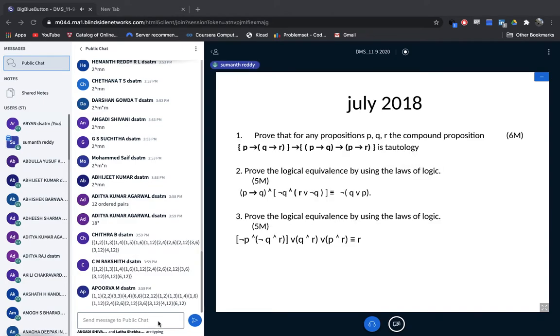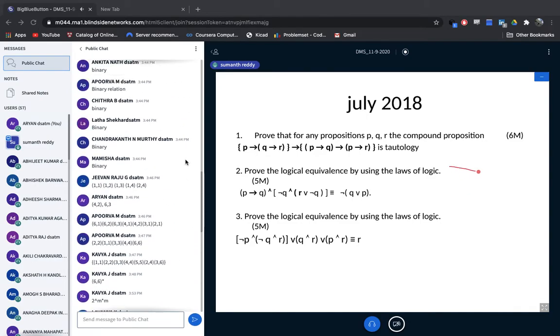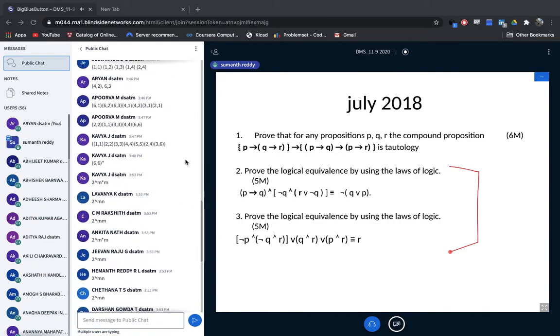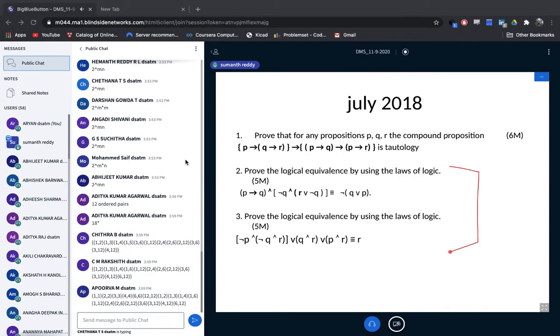Now let us see the 2018 question paper. In this 2018 question paper, again, the question was on tautology. And in the same question paper, for 10 marks, he has asked you to prove using logical equivalence and the laws of logic. So easily you can score 10 plus 6, 16 marks.